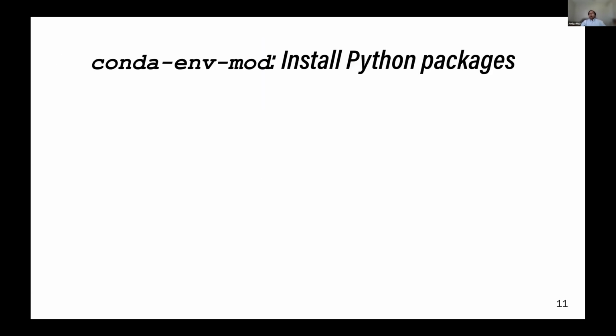So with conda-env-mod, what we recommend users to do is, instead of directly asking Conda to install things, you tell conda-env-mod that, hey, I want to create an environment. You can specify a name, you can give it a prefix, you can give it a specification file, a YAML file.